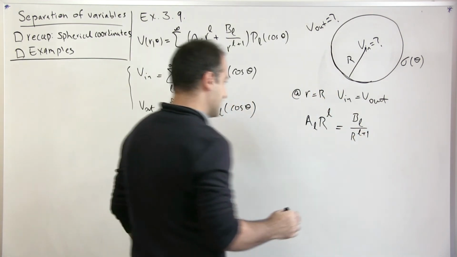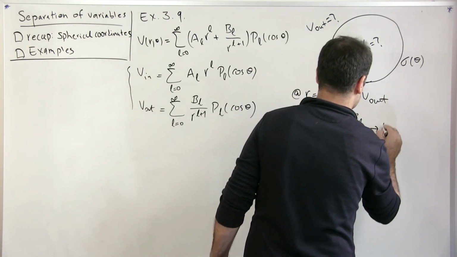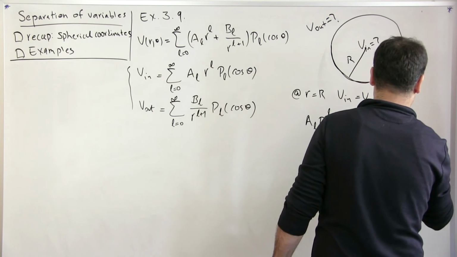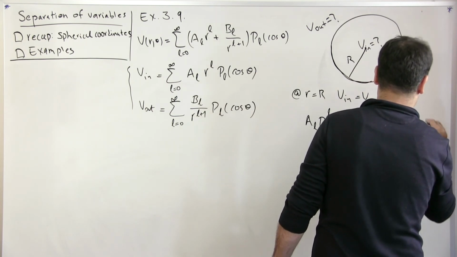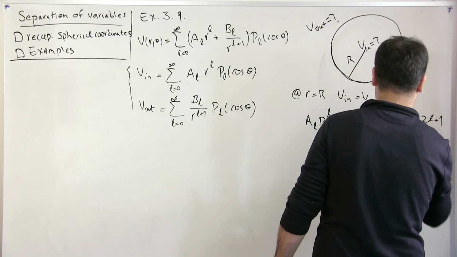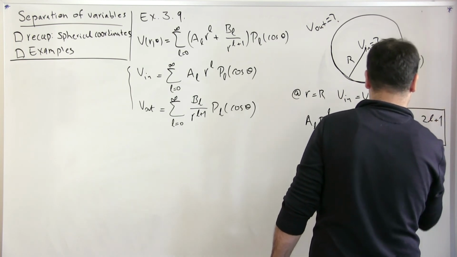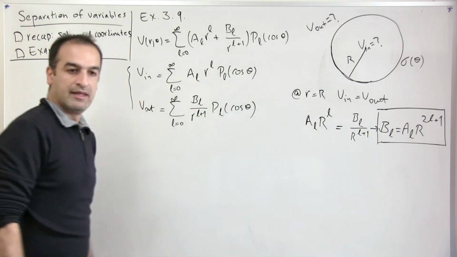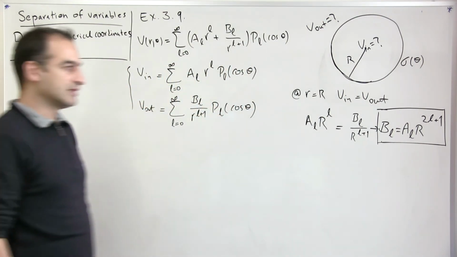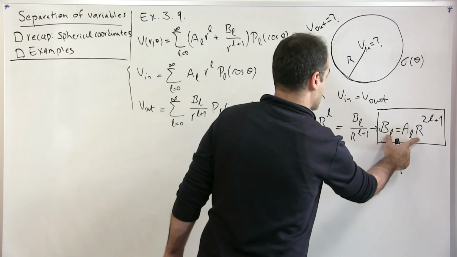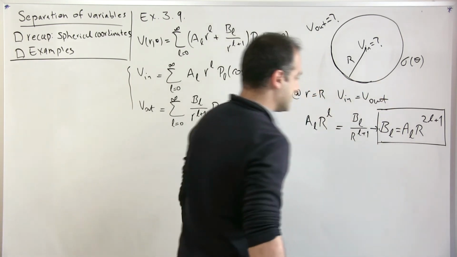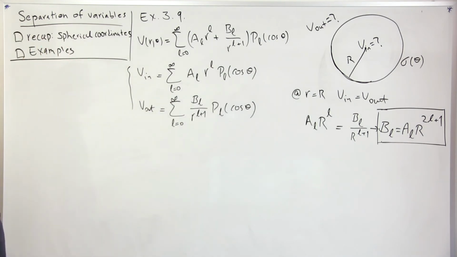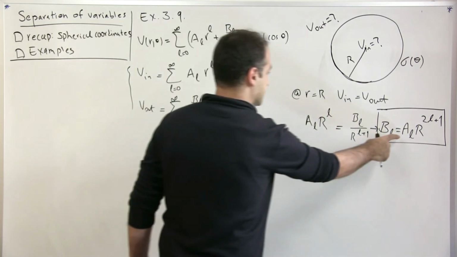That means any B_L should be equal to A_L times R to the power of 2L plus 1. This is what we get from matching the boundary condition on the surface. So B_L and A_L are not really independent. They are connected to each other with this approach.